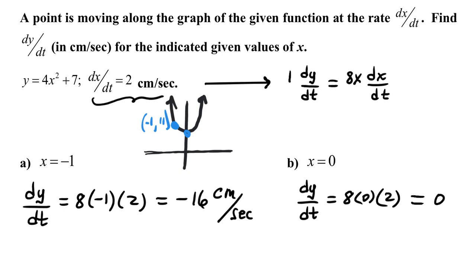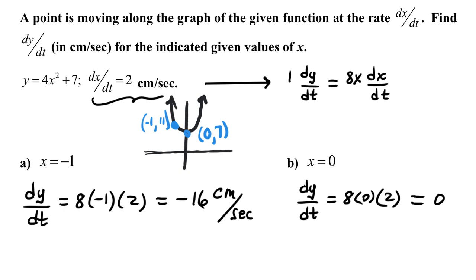The other x value is 0. We'll discover that once I scroll a little bit. No, it's over here in part B. If you plug 0 into your function, 4 times 0 squared plus 7, that gives you 7. Okay.